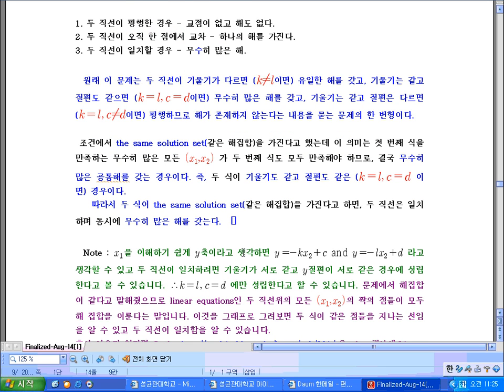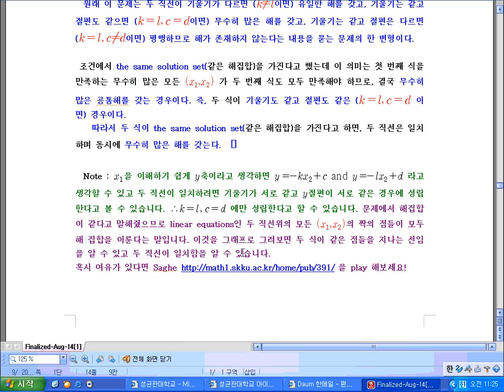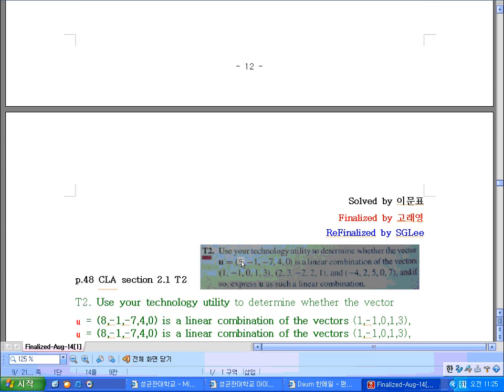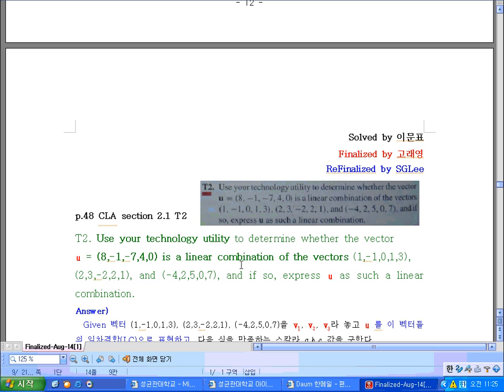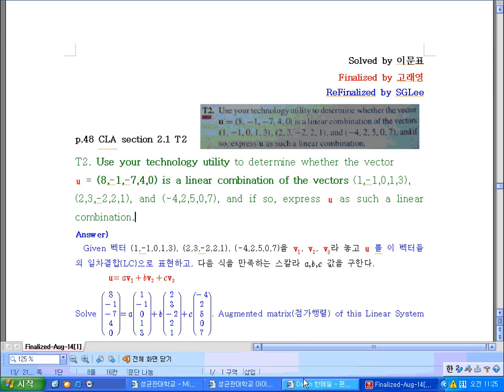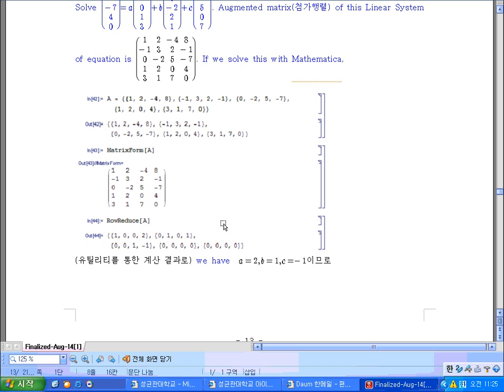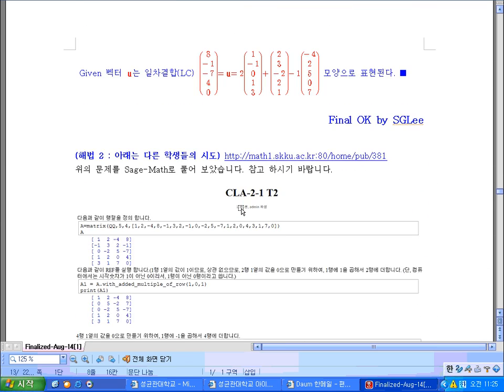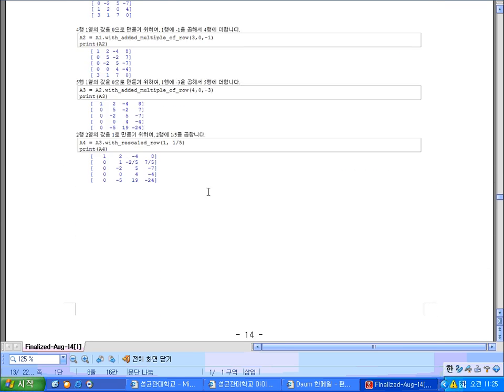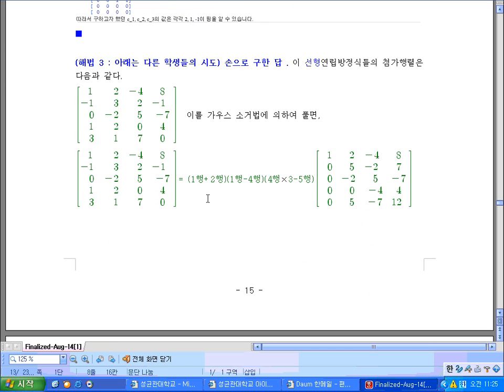You didn't have enough time to think about it, but now is the time to think about the simple problems to figure out what you really know, the proper concept. Okay, and this is from the mathematical tools, and the same thing was done with Sage.